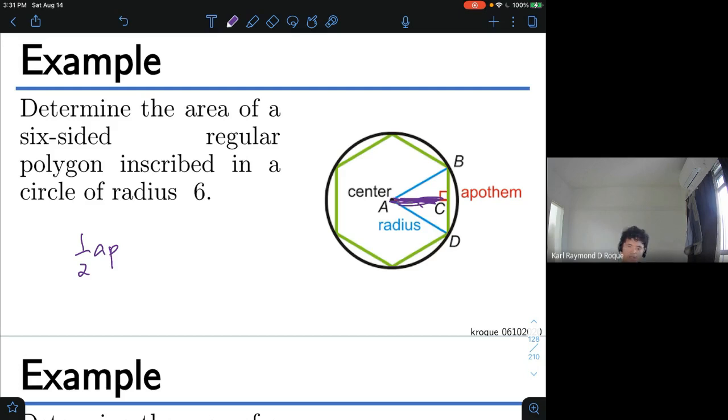Does anyone have an idea? Ano yung length nito? Three square root of 3.